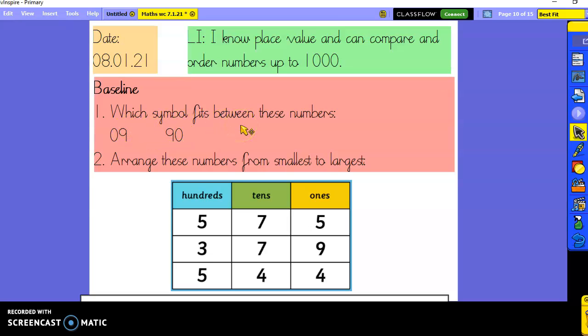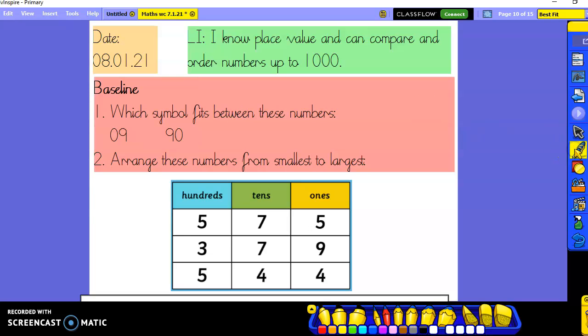So which symbol fits between those two numbers? We've got 9 and we've got 90. Thinking back to the question we've just had about more than, less than and equal to, the correct symbol, you are right, would be the less than sign, because 9 is less than 90, which means we would want the crocodile's mouth opening towards the larger number, which is 90.